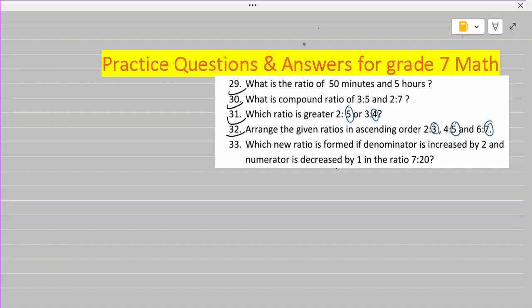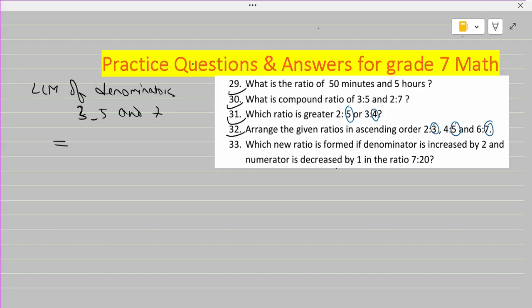So the LCM we have to identify first. To convert all the ratios to the same denominator, we take the LCM of the denominators. So the LCM of denominators 3, 5 and 7.